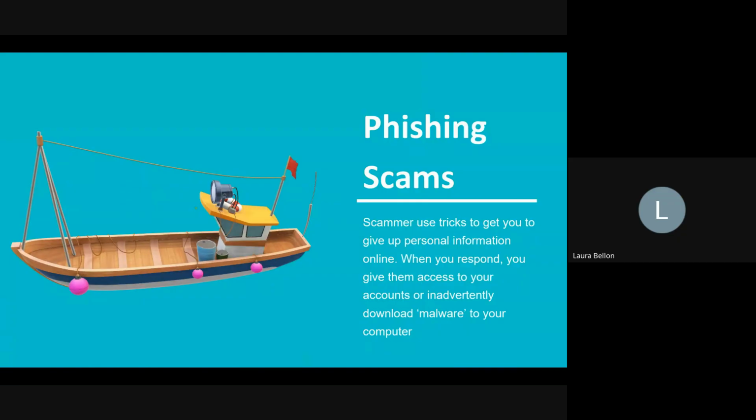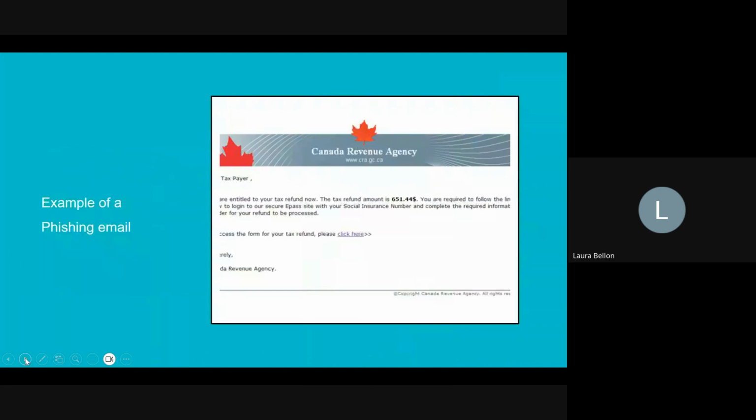When we look further into phishing scams, we gave this example, and this is a continuation of the last presentation. This is part 2. We put up the slide as an example from the Canada Revenue Agency, right?